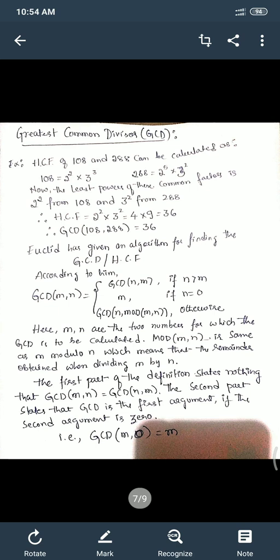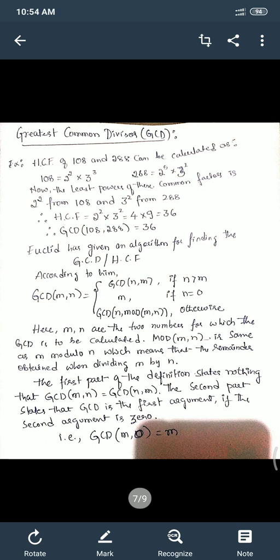See, the first part of the definition states that GCD of m comma n equals GCD of n comma m. The second part states that the GCD is the first argument itself if the second argument is 0.